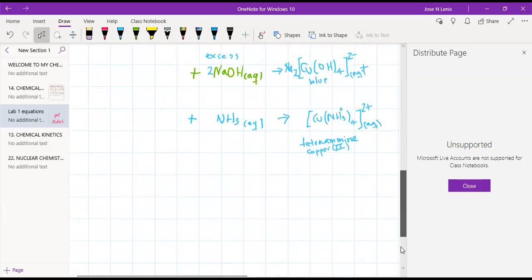I didn't do the last part of the experiment talking about the copper sulfate pentahydrated salt.